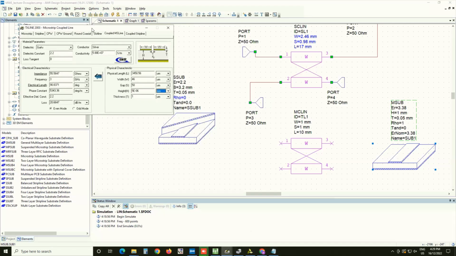It's 3.2 mm. So half of that, let me choose 1.6. I'm choosing half because stripline has both sides, right? Thickness is 2 mil. We're using something like 15,000 microns for this. Let's see. Copper.